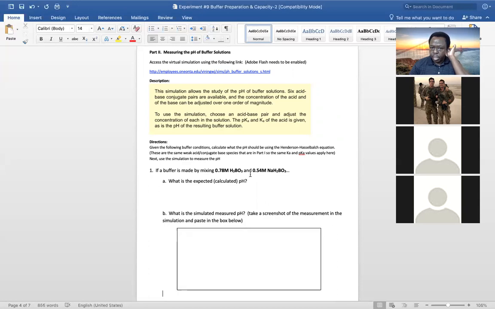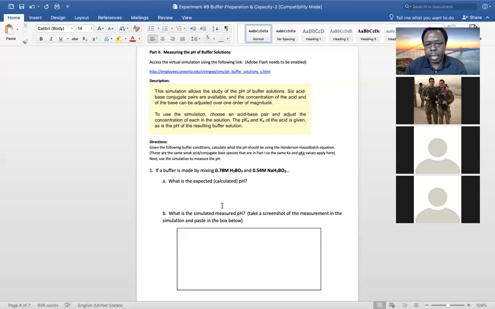All right. What will be the expected pH value on this concentration? Using the Henderson-Hasselbalch equation, you plug in the concentration and you get the value, right? This is calculation, and please show your work. Express your final answer with the correct number of significant figures.